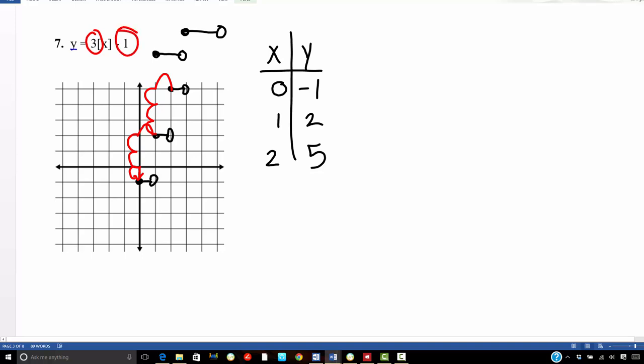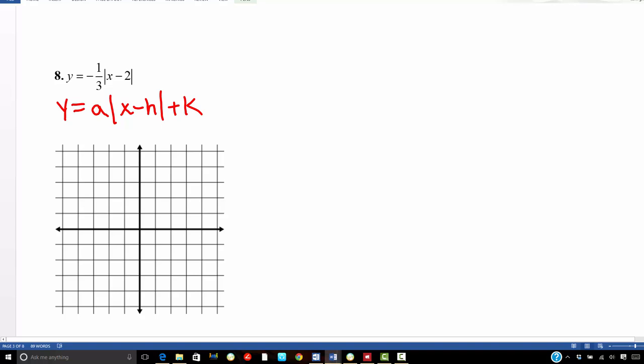All right, so the next one is an absolute value problem. First, identify the vertex. The vertex for this should be the point 2, 0, because there's no number on the outside, so that's just assumed a +0 out there. So that's our vertex, and we can either use the calculator to calculate 2 points, or it's much easier, use the amplitude.